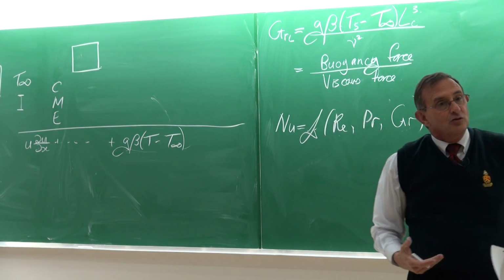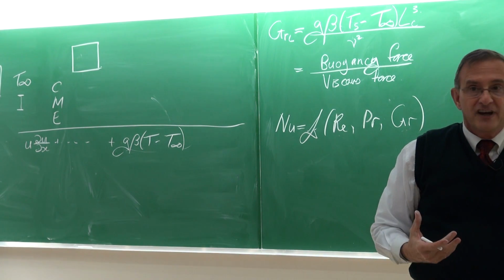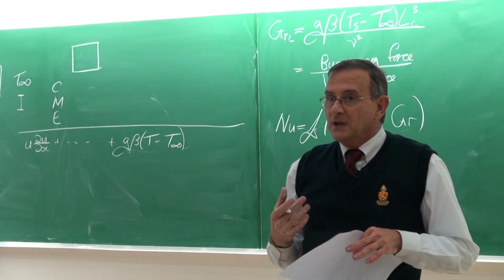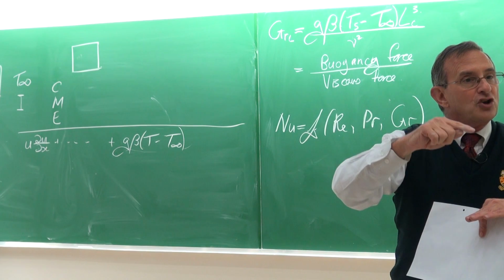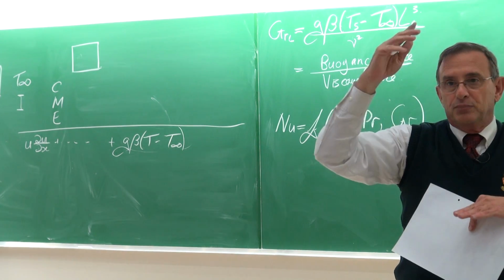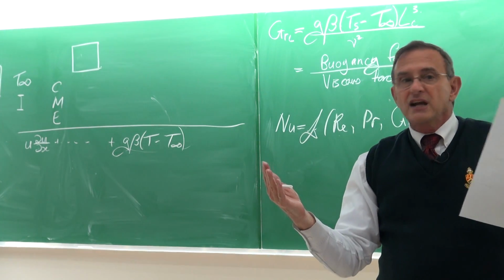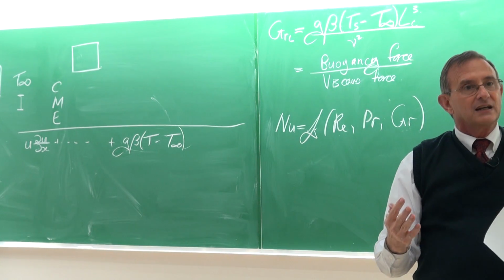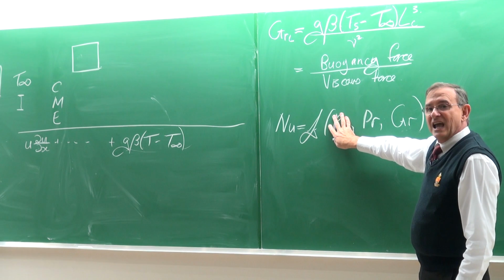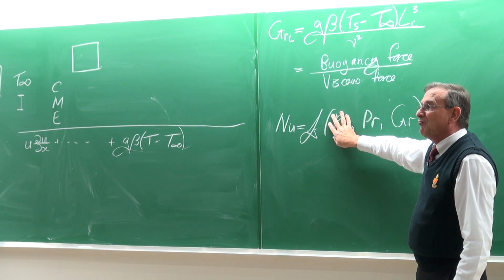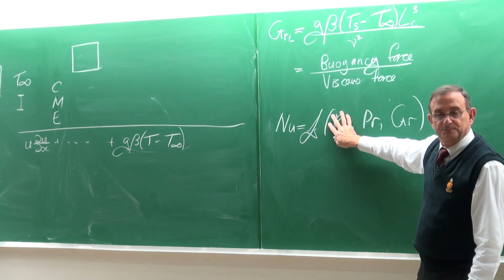And I've mentioned to you that the velocity with natural convection is very, very small. If you just think of cigarette smoke, the velocity at which it goes up is in the order of magnitude of 0.1 meters per second, which therefore means that the Reynolds number is actually negligible where we have natural convection problems.